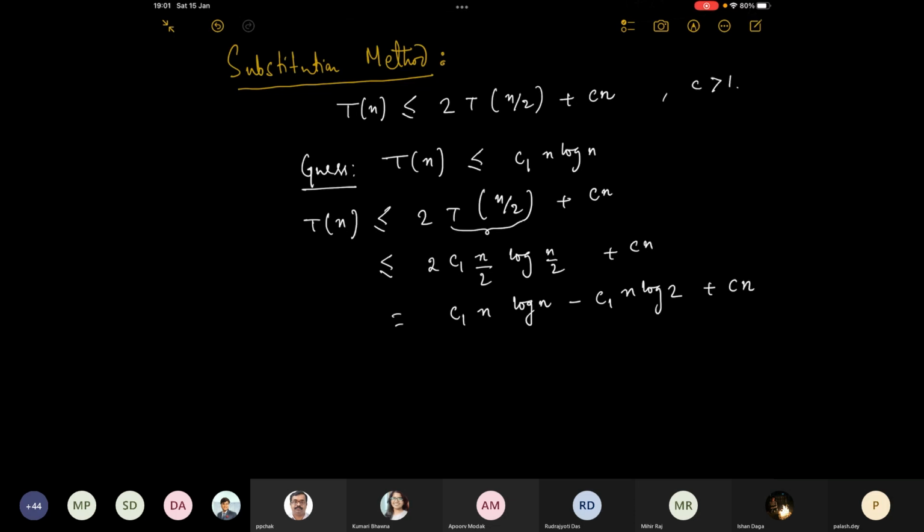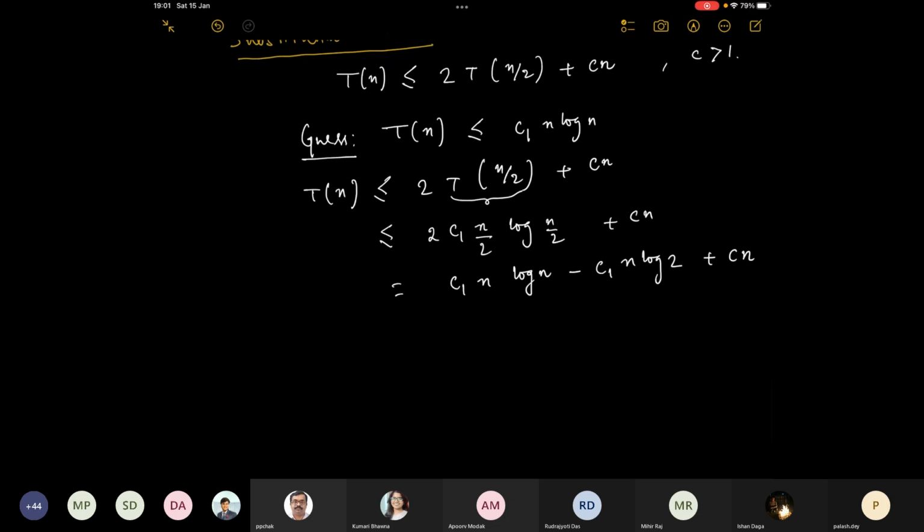Please catch me if I am making some mistake. Now I'll be happy if this junk is not there. I want to write that this is less than or equal to C1 n log n. Now this junk will go if I choose C1 appropriately.